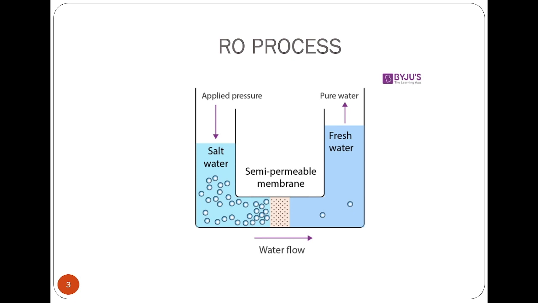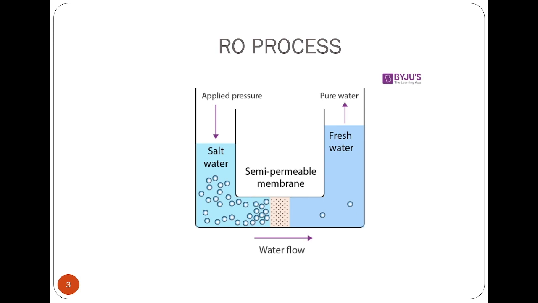See, that means when two solutions of different concentration are separated by a semi-permeable membrane, and if the solvent moves from low concentration to high concentration, it is called osmosis. And if the solvent water moves from the higher concentration to lower concentration, it is called reverse osmosis. So I'm repeating again.